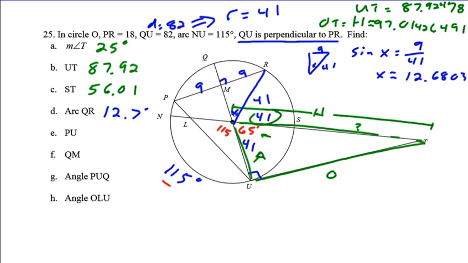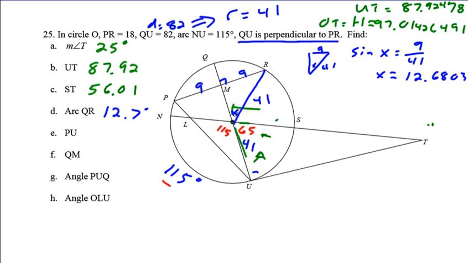To find PU, I'm going to erase some of the things in this diagram. I'm going to use this right triangle to find PU.